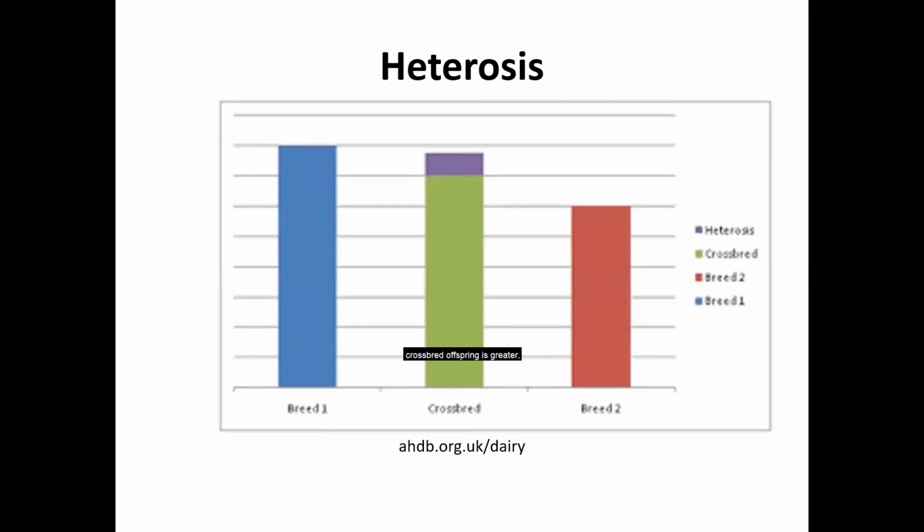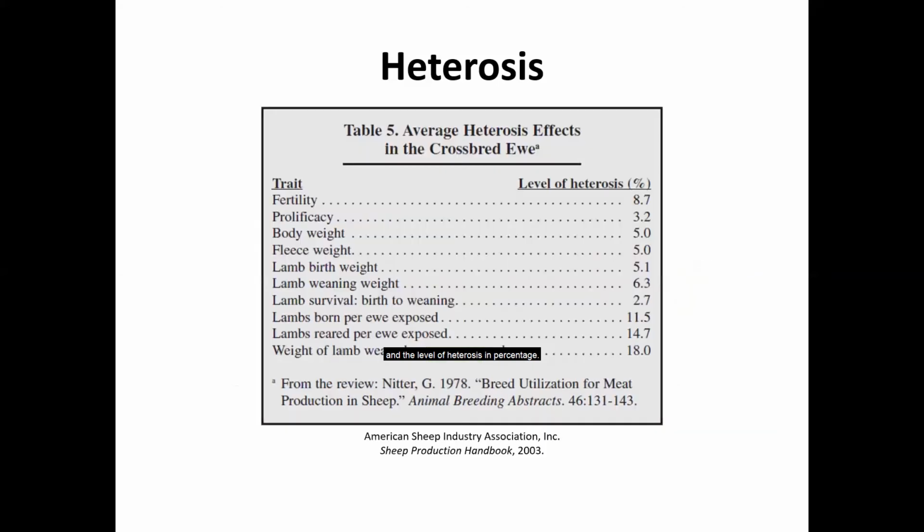The additive average of the two parents is in green. However, many times the performance of that crossbred offspring is greater than the average of its parents. And that difference, which is highlighted here in purple, is the definition of the heterosis effect. Okay, so keep that picture in mind, and let's look at some specific traits. This is the average heterosis effect in the crossbred ewe, a list of ewe traits, and the level of heterosis in percentage.